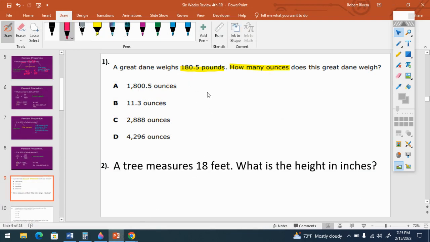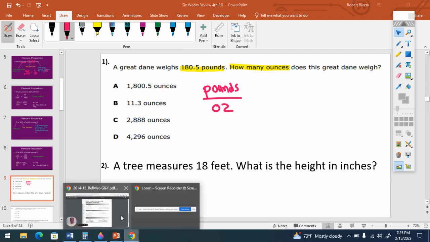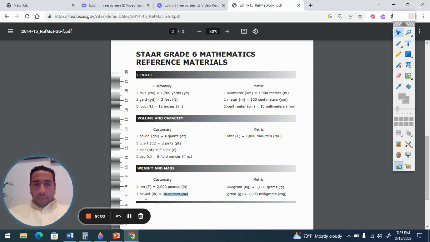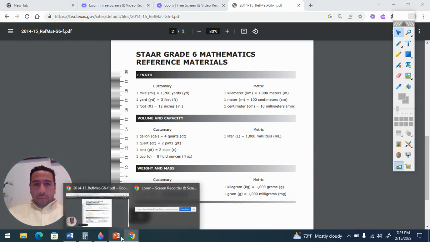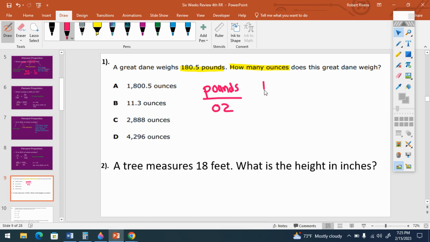Okay, so it's going to be pounds to ounces. Go to your chart. The chart says that 1 pound equals 16 ounces. So I'm going to put here 1 pound is 16 ounces. So your first step, guys, is to just go to the chart and label whatever the chart says, pounds to ounces.